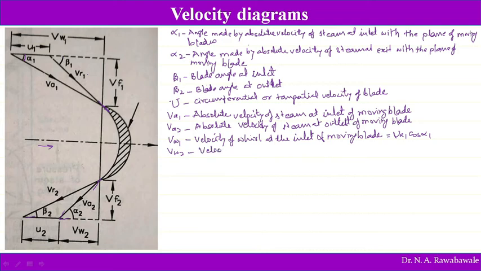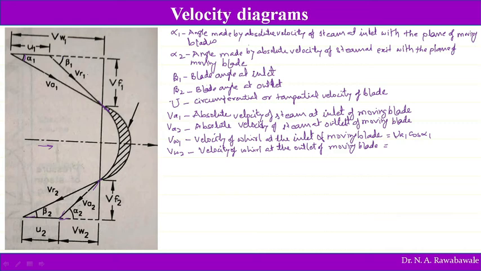Then VW2 is the velocity of whirl at the outlet of the moving blade, and VW2 is nothing but the component of VA2.